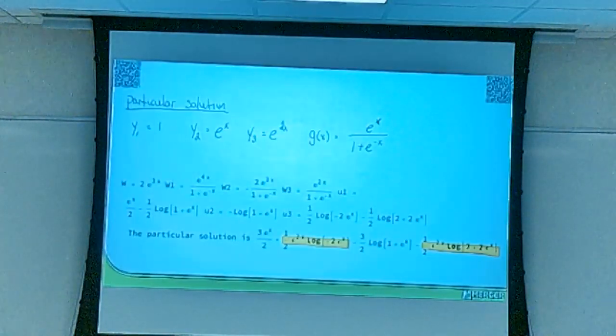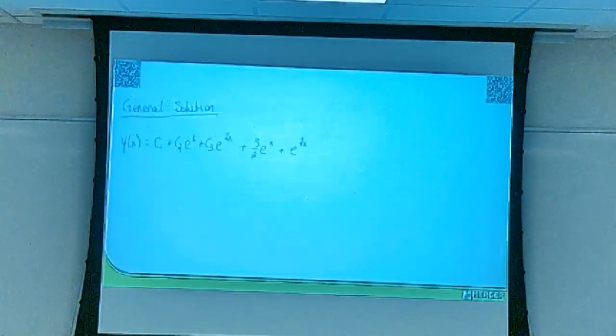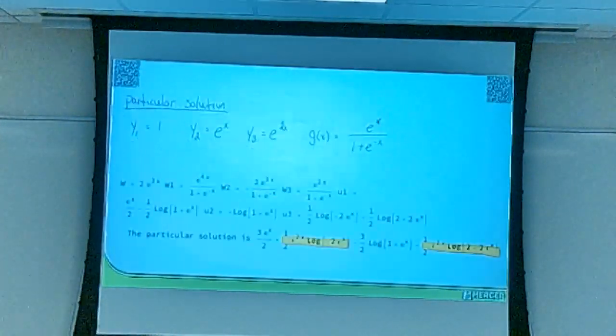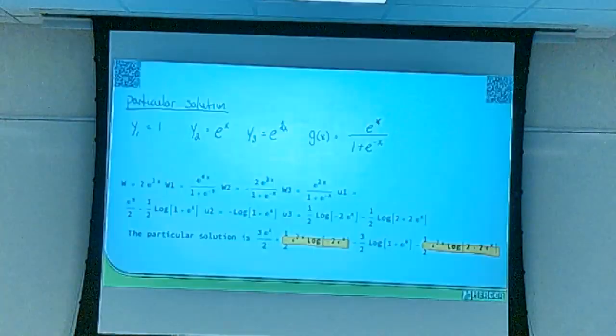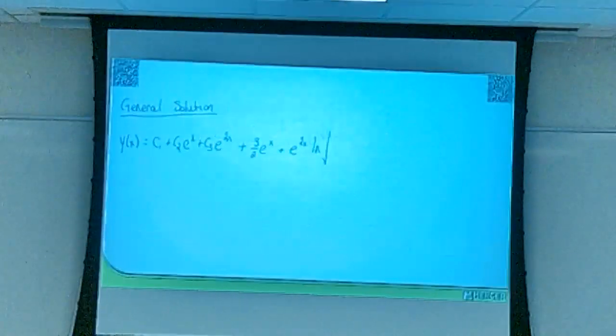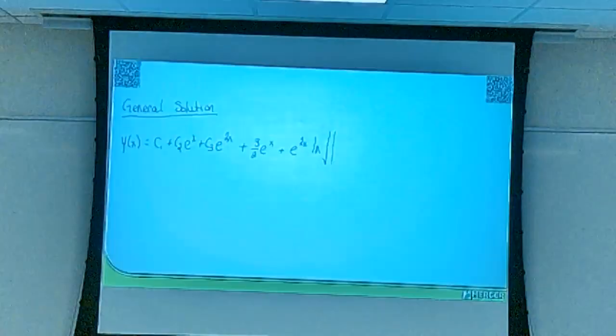So e to the 2x log square root negative 2e to the x over 2 plus 2e to the x. Absolute value. That, right? Because it should all be in absolute values.